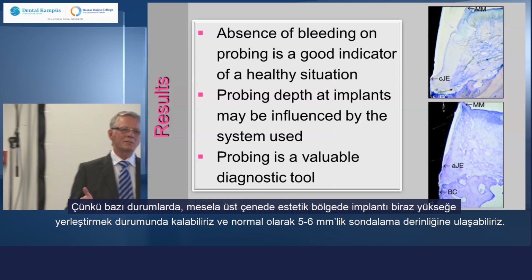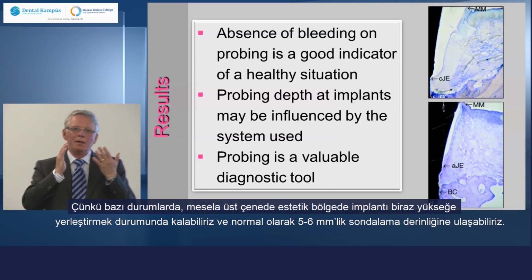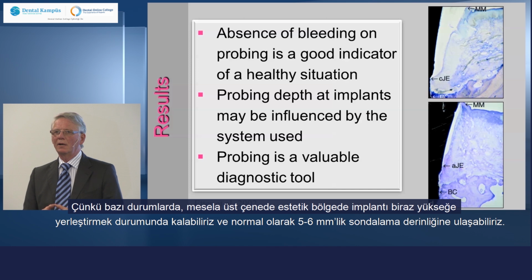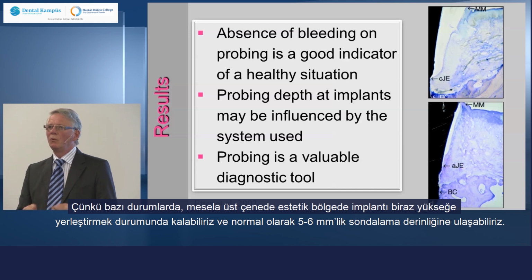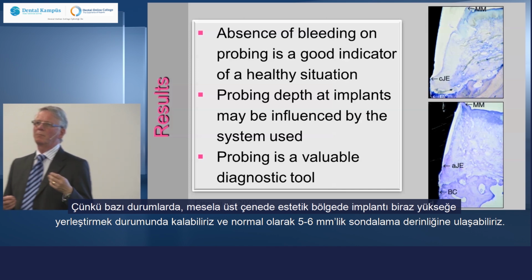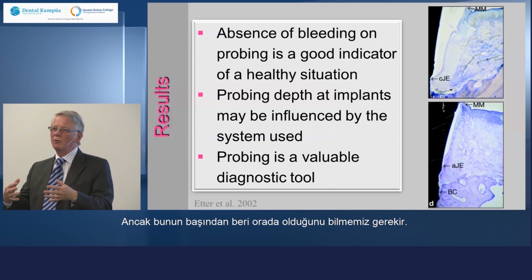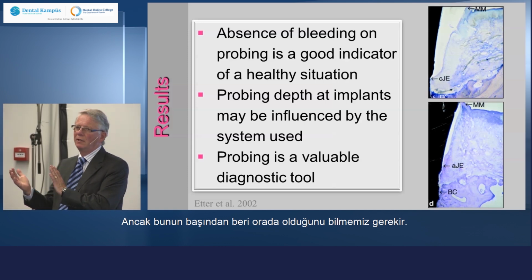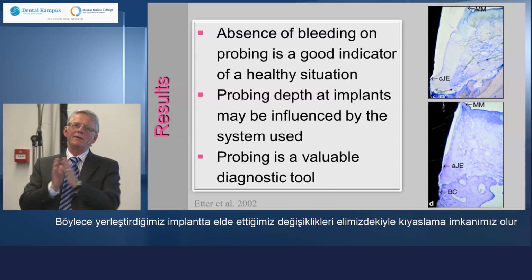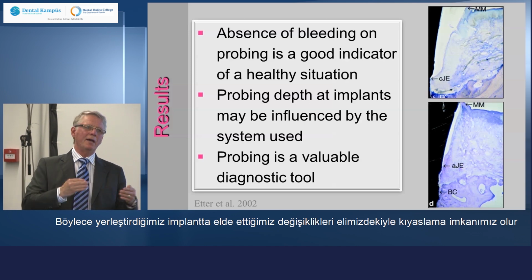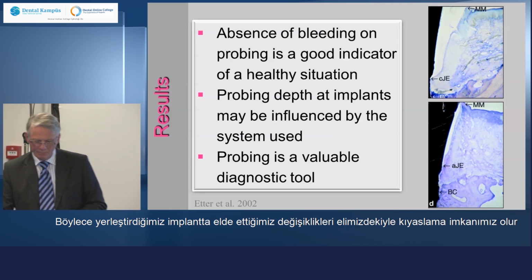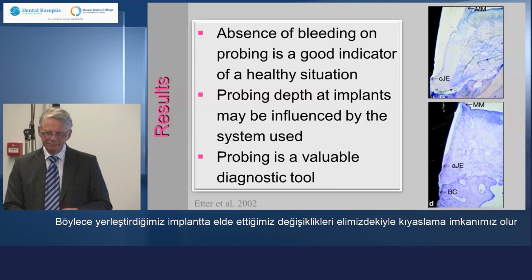Because we know that in some situations, for example in the upper aesthetic area, we may place the implants quite high up, so we will end up maybe with a probing depth of 5 to 6 millimeters as the normal one. But we need to know that this was there from the beginning, so that we can relate any changes to what we had when we really placed the implants in this area.